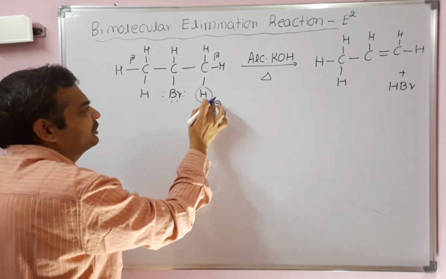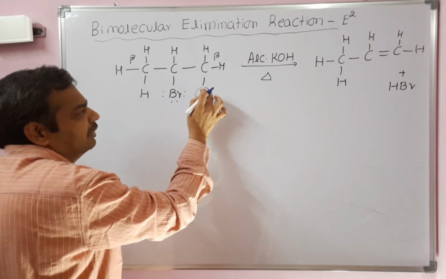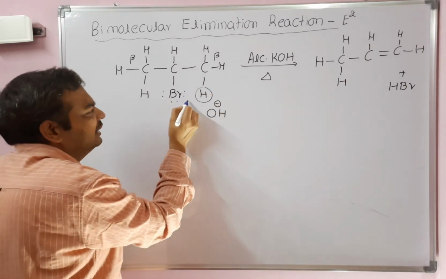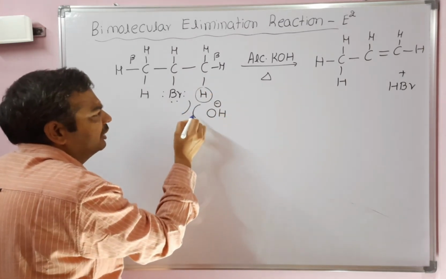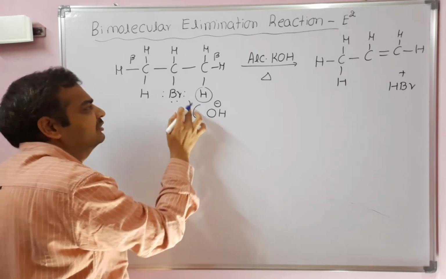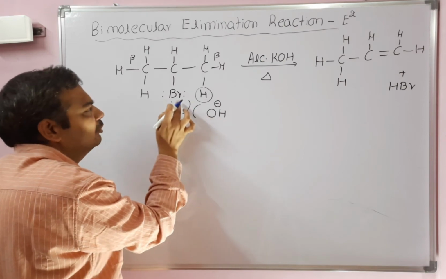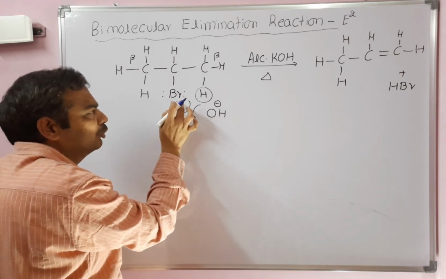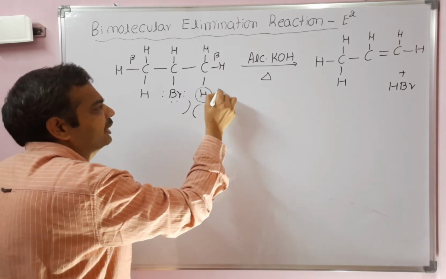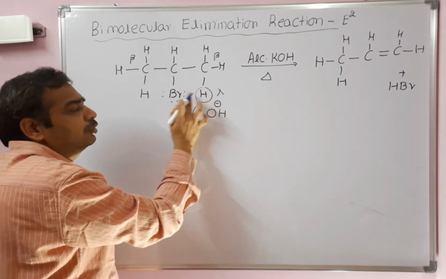So if it is abstracting a proton at this place, there are lone pair interactions with this bromine. That's why it won't abstract a proton so near to bromine.